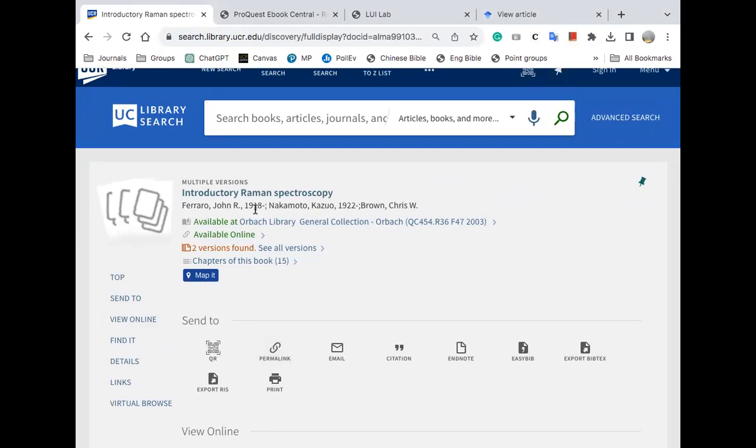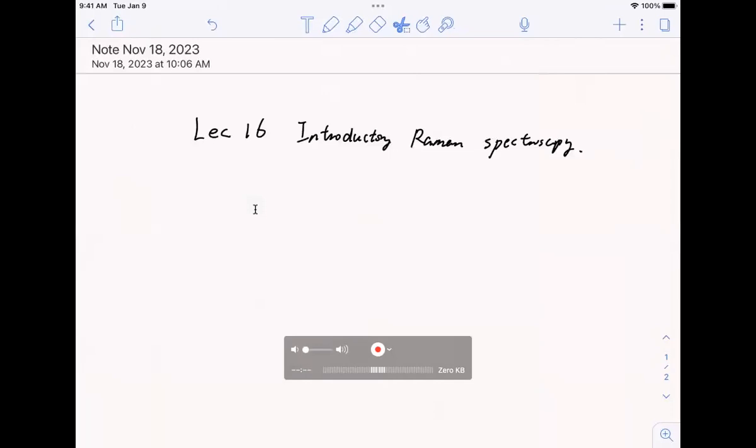So let's start with something simple. Let's consider that you have a molecule. What kind of molecule should I start with?